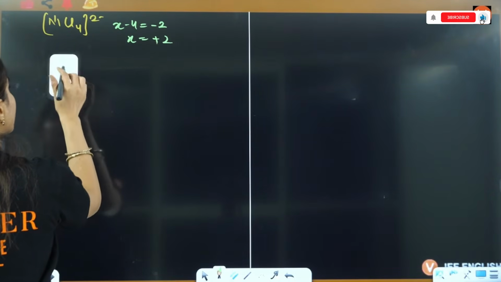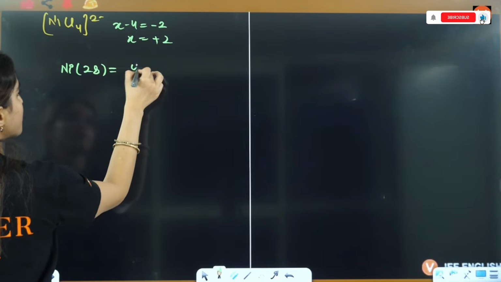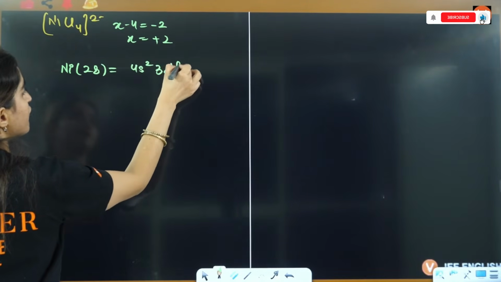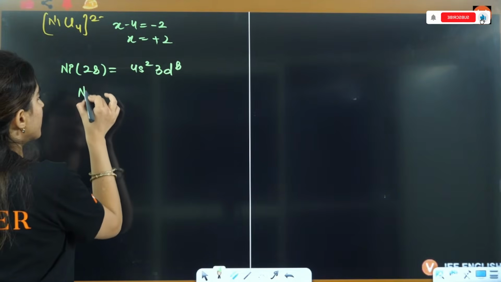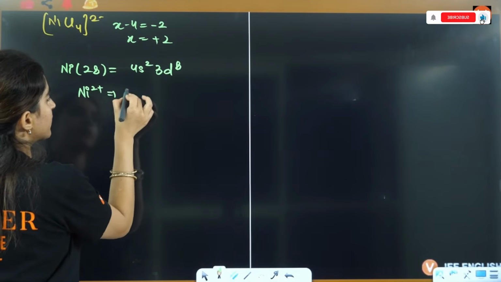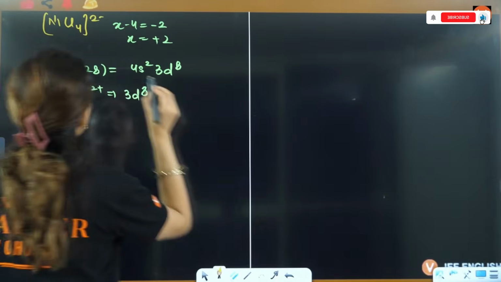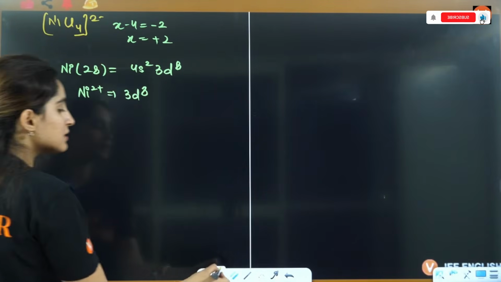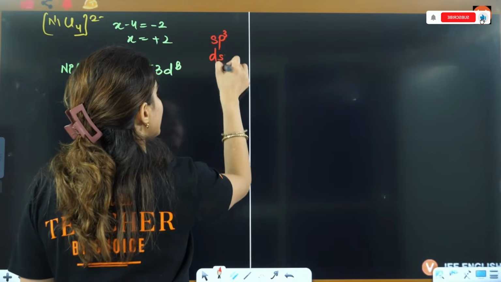Then nickel, we know that nickel has atomic number 28, it has 4s2 3d8. When you take out 2 electrons, you take them out from 4s, so it will become nickel 2 positive with 3d8. Now you know that for coordination number 4, either the answer can be sp3 or the answer can be dsp2.